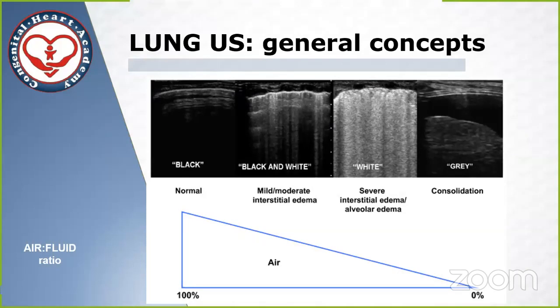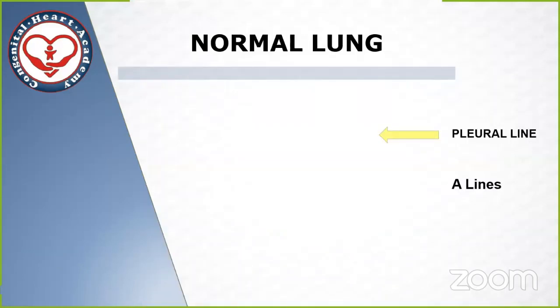This is the spectrum of images that we can see, from black, very black, meaning that the lung is normal, to very white, which means that there is a lot of interstitial edema. And I'll try to explain a little bit with the following 3 slides.